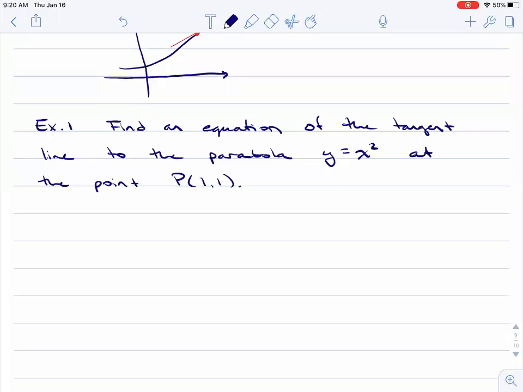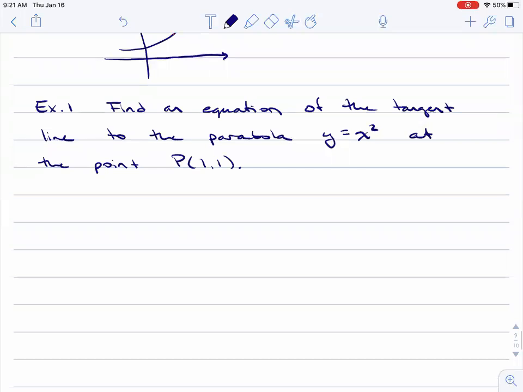So if we want to find an equation of the tangent line, right, y equals mx plus b, well, if we've got a point, we can use the point slope form, right? But that means we need to find the slope first, right? So first we need to figure out what the slope is at that point, and then we can figure out the equation of the tangent line.